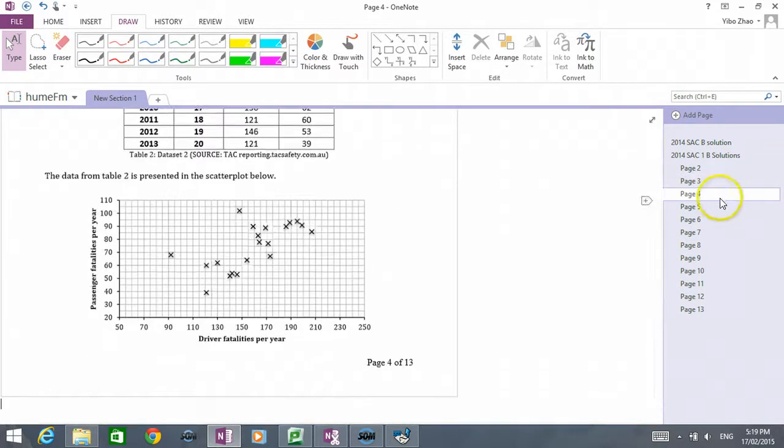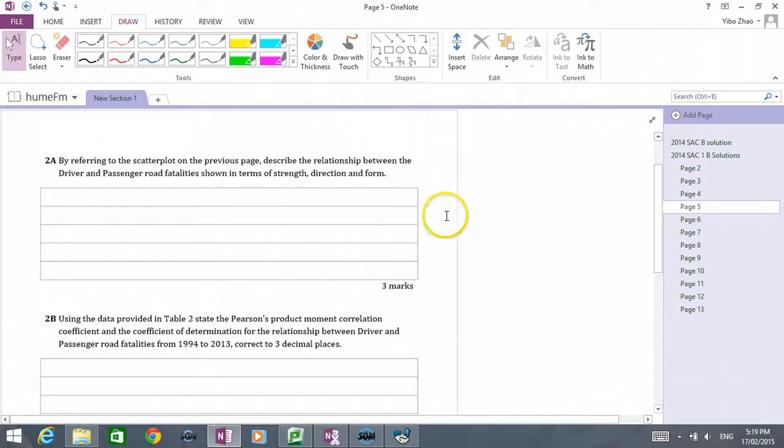Okay, and then question 2A asks me to use the scatter plot to describe the relation between the driver and the passenger road fatalities in terms of strength, direction, and form.